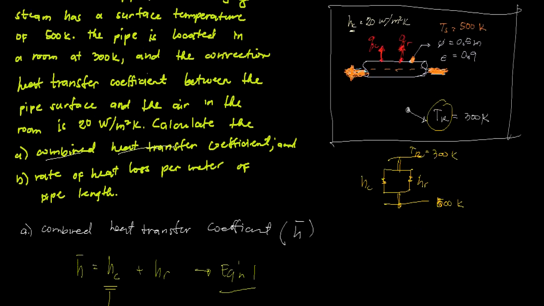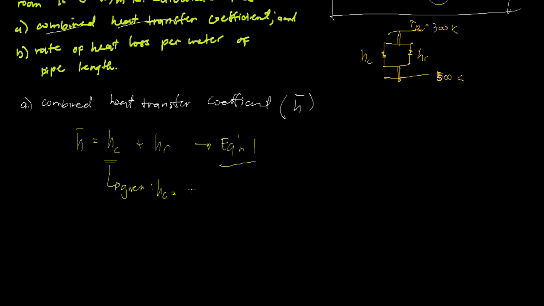So HC is equal to 20 watts per square meter K. So we need to determine the value of HR.